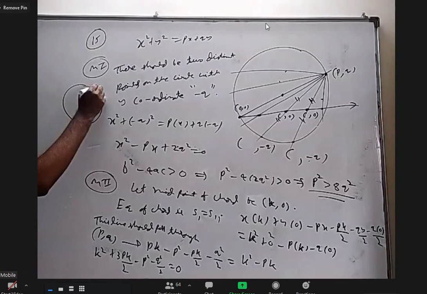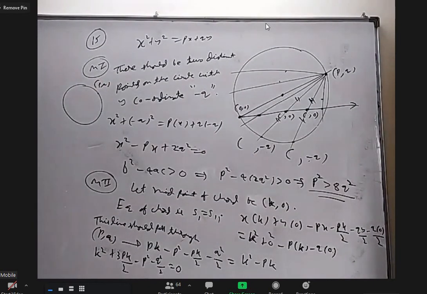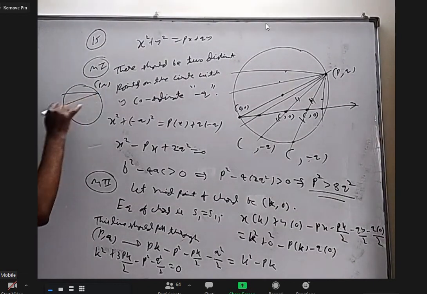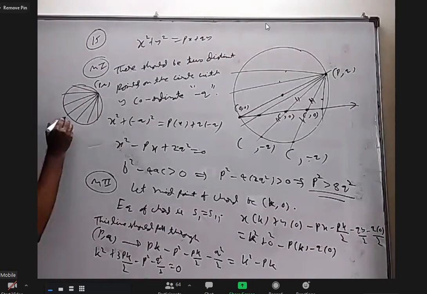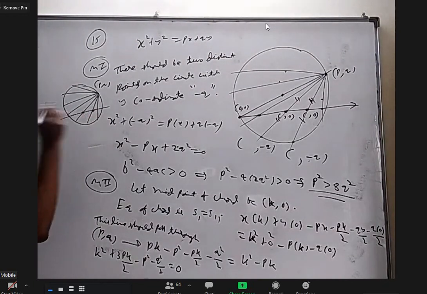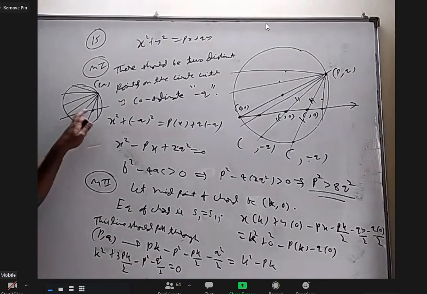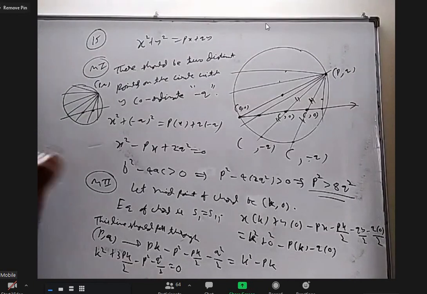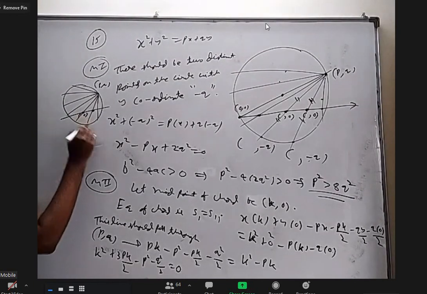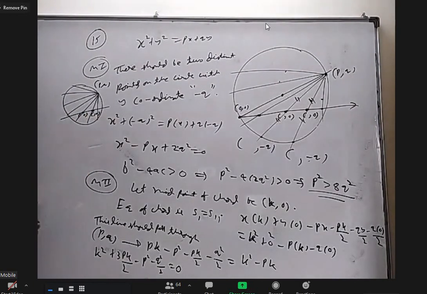The question was very simple. There is a circle, one point on the circle is (p, q). There are a lot of chords through it. We want the x-axis to bisect two of them, which means it should pass through the midpoints of two such chords. For any point on the x-axis, the y-coordinate will be 0. So this point's y-coordinate is 0, this point's y-coordinate is 0.